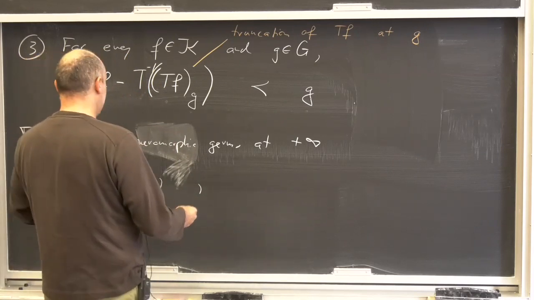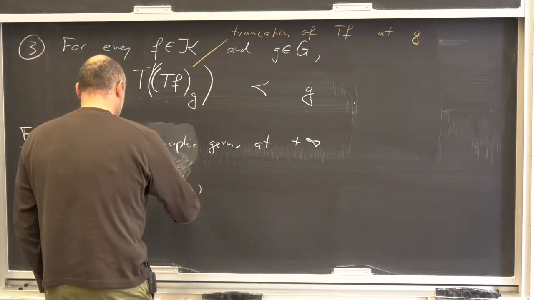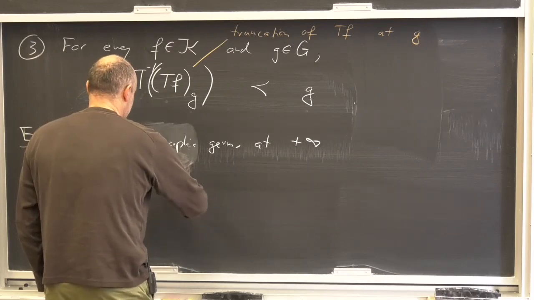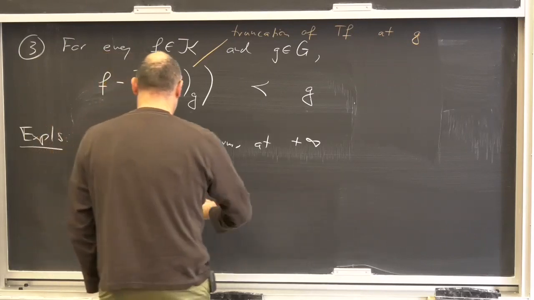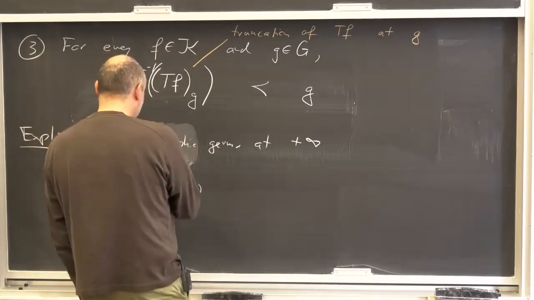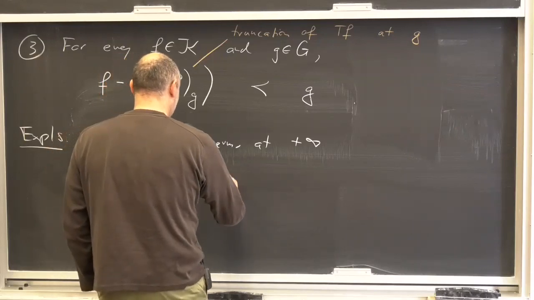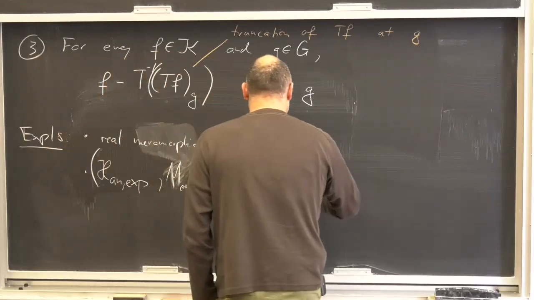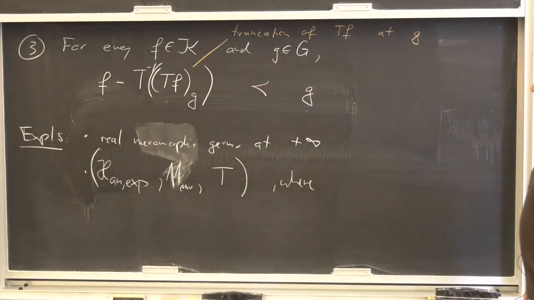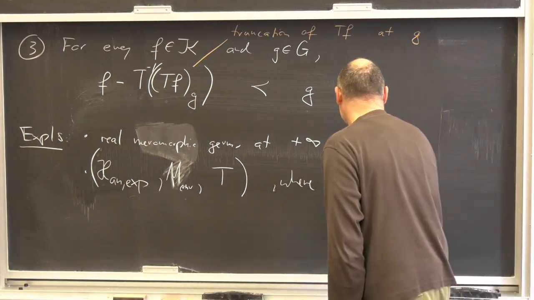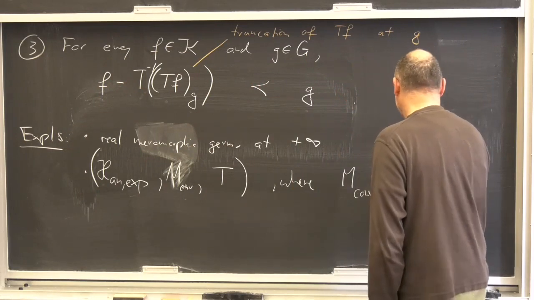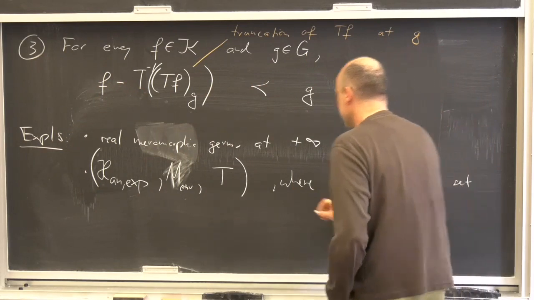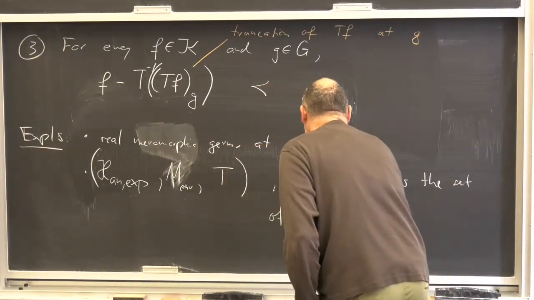G has to be a subset. We will see this again, so I don't want to explain too much. The monomials here are the so-called convergent transmonomials, and I will define that next week. It's the set of convergent transmonomials.